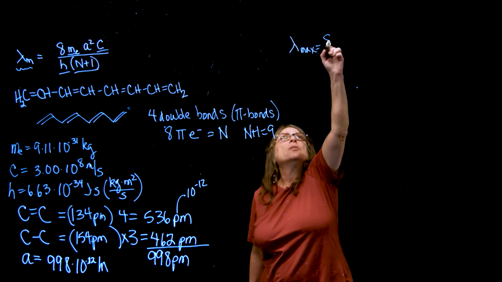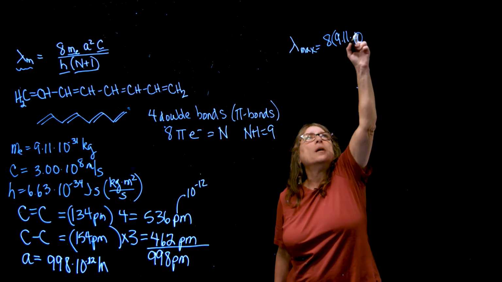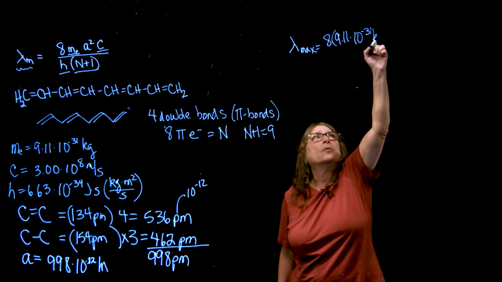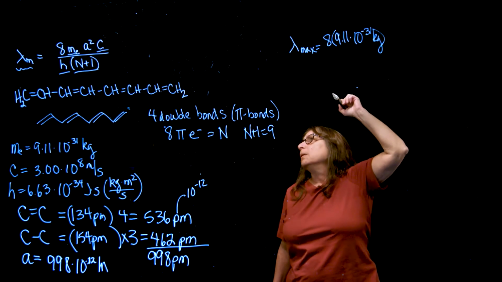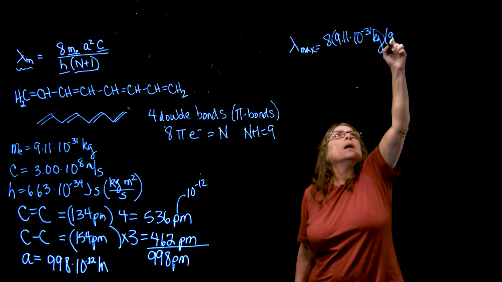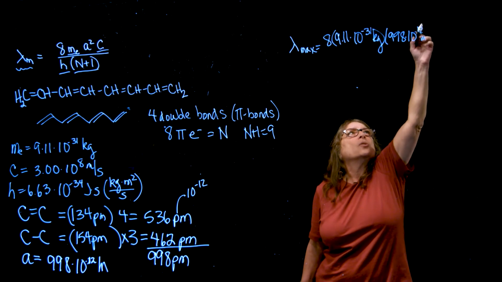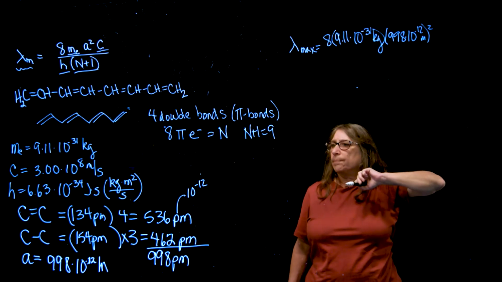That's equal to 8 times the mass of an electron, 9.11 times 10 to the negative 31 kilograms, times a squared, and that's 998 times 10 to the negative 12 meters squared.